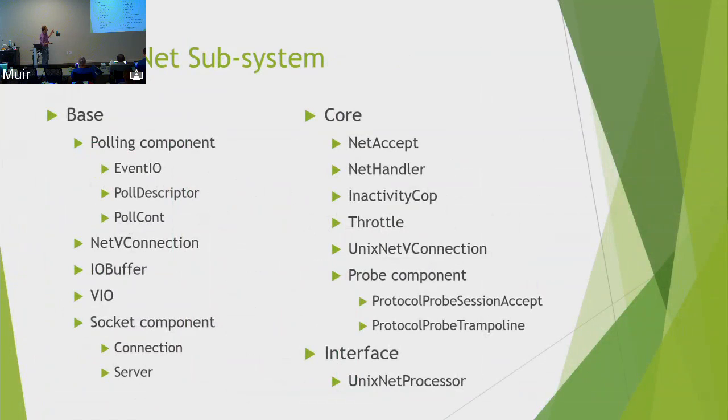Then the NetVConnection is a public interface to the proxy and the state machine. Then our buffer and the VIO describe how the buffer and data move from socket to memory.